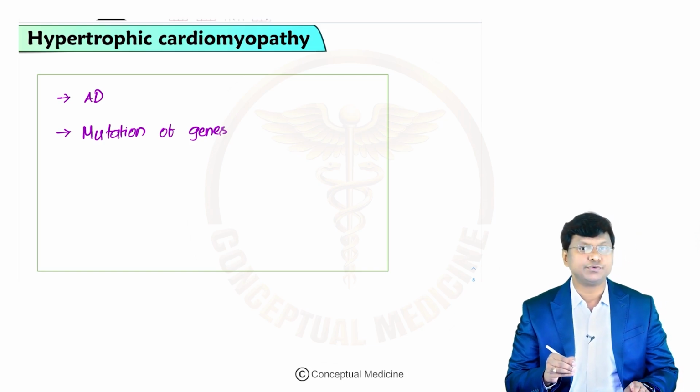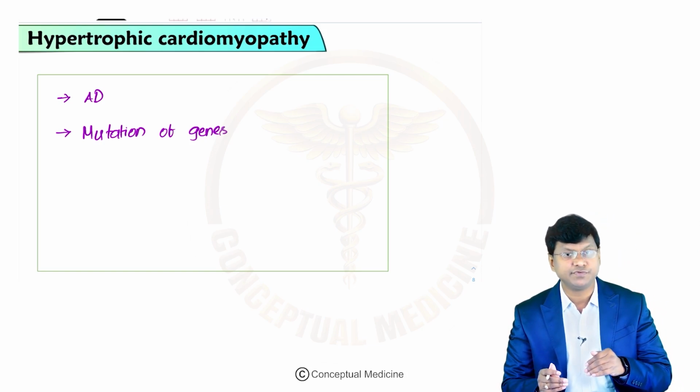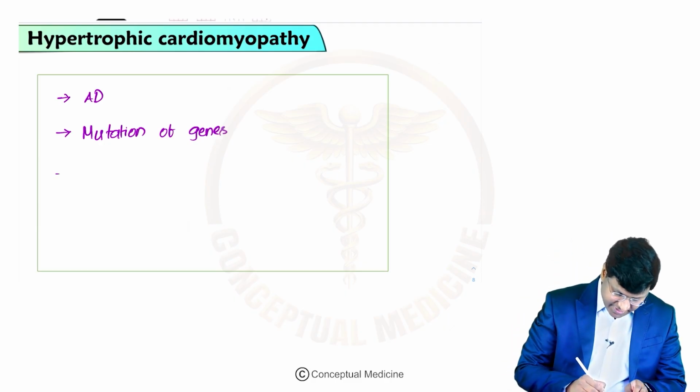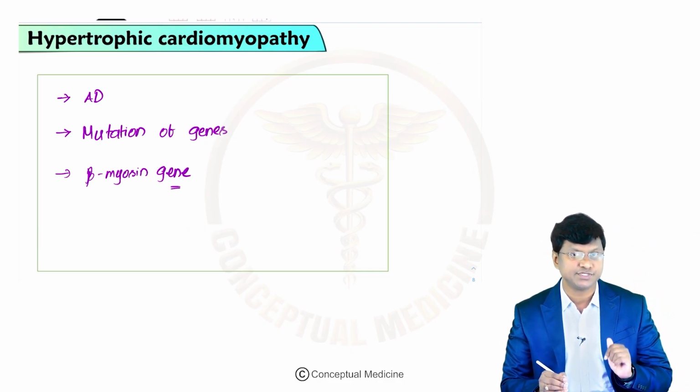Basically it is due to mutation of the genes, and one of the most common genes that is mutated is the β-myosin gene.